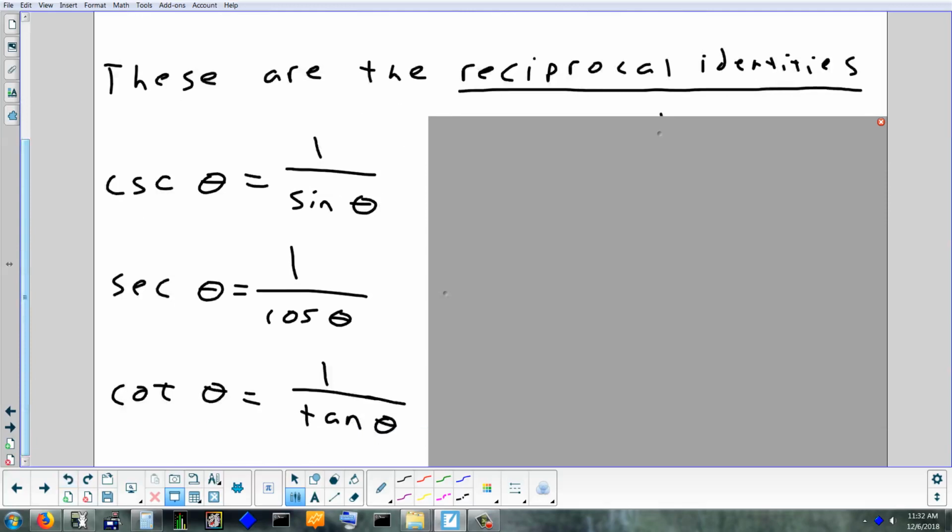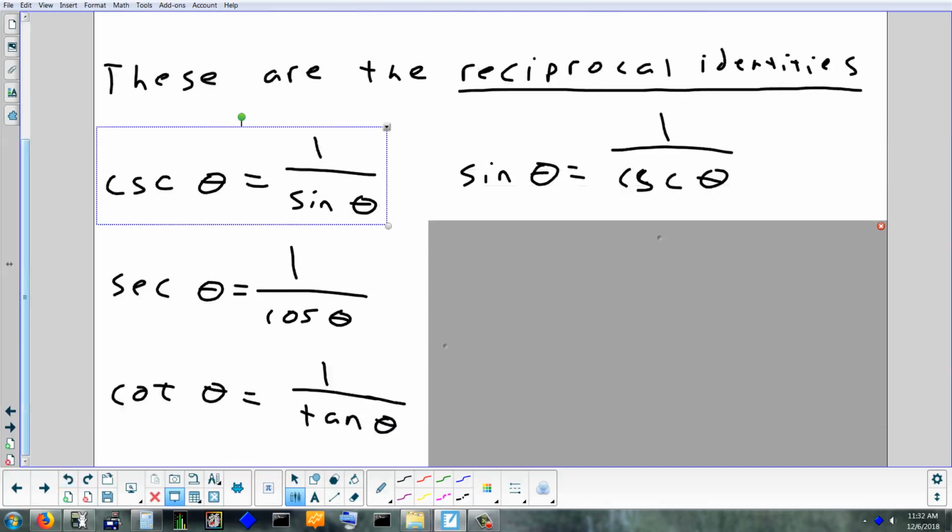Now, let's look at the first one again. If you flip sine, you get cosecant. What if you flip cosecant? It goes back to what it was. So that's not really anything new. It's just kind of like saying the same thing a different way. If you flip the cosecant, you get the sine. Right? Now, what if you took the secant and you flipped that? What would you get? Cosine.